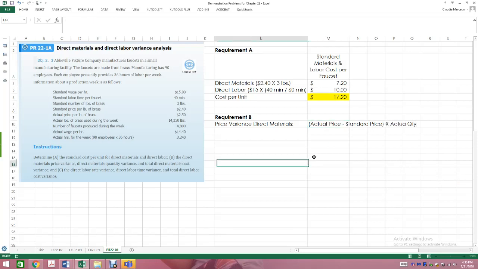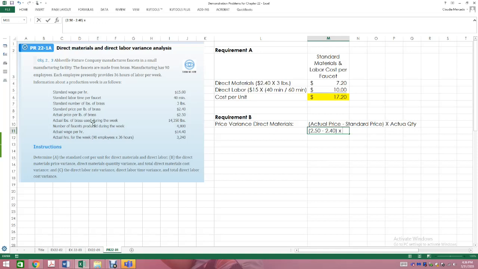So, your actual price per pound is $2.50, minus your standard price, which is $2.40, and then you're going to multiply by your actual quantity.